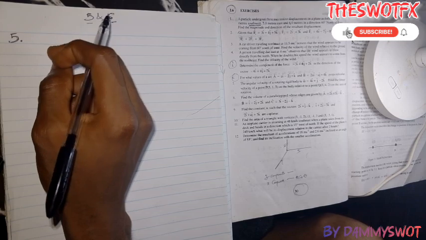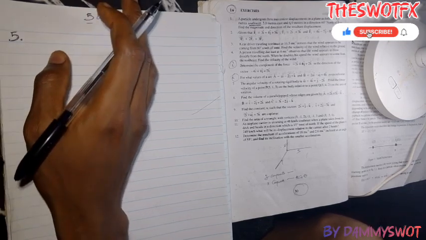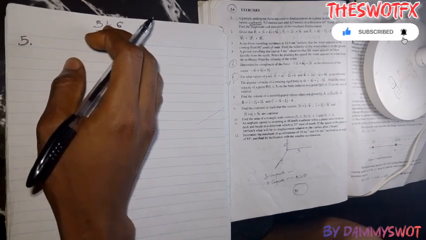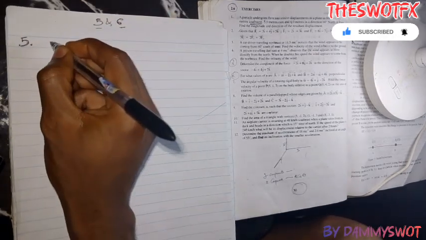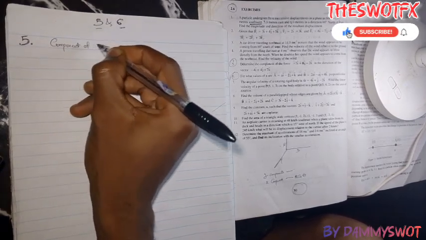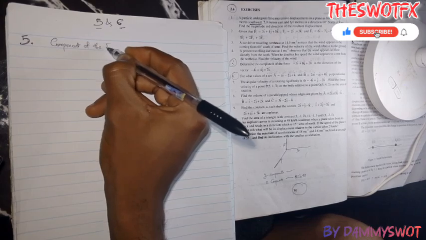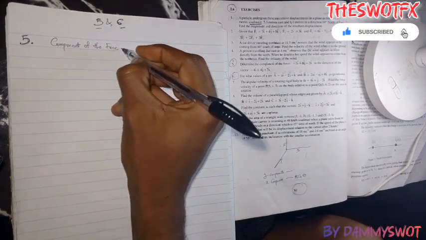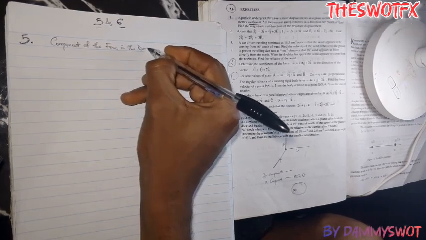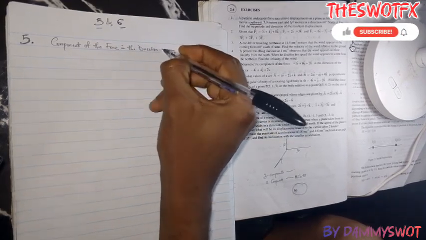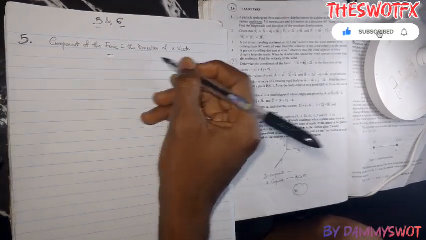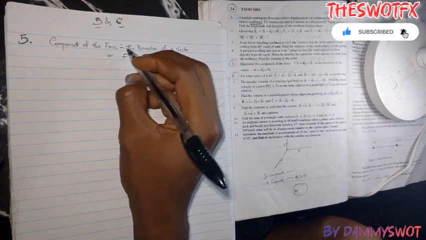For you to find the component of any vector, you need to understand that the component of the force in the direction of a vector is equal to that force, or whatsoever.